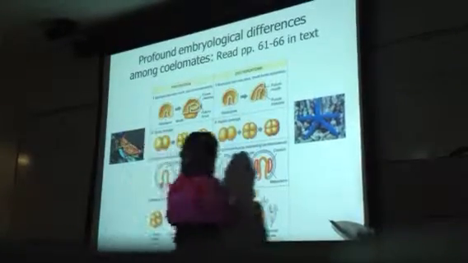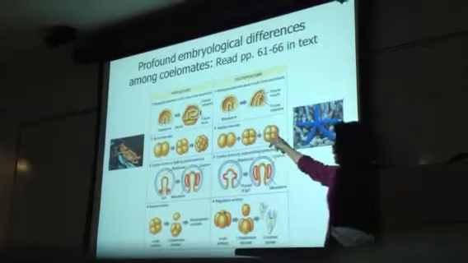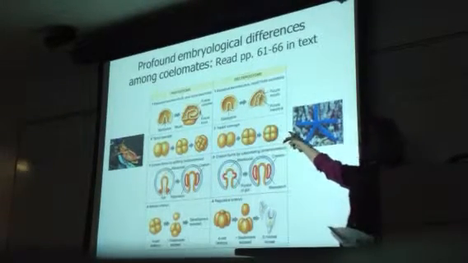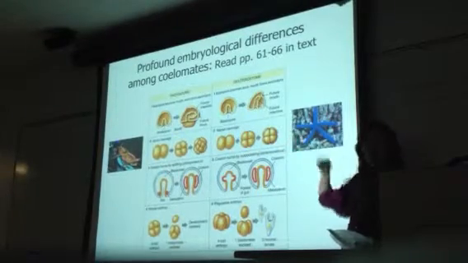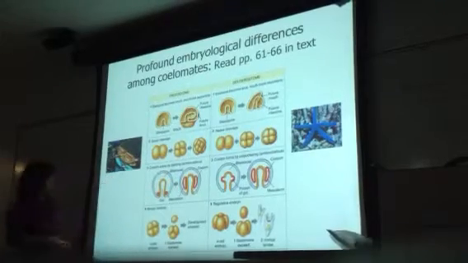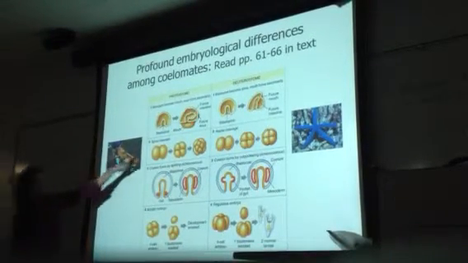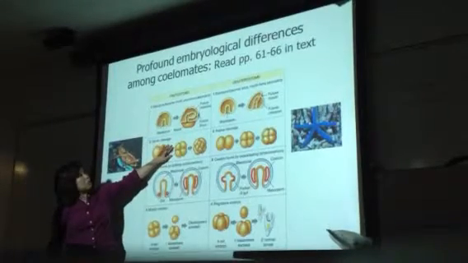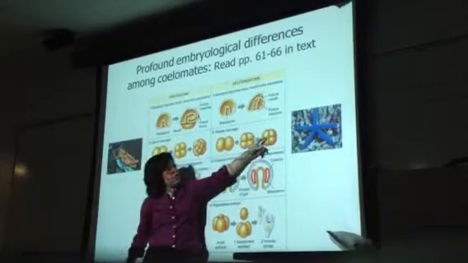So somewhere between when it's a 4-cell stage and an 8-cell stage, something differs, doesn't it? In terms of how they divide and how these cells cleave. So that you can pretty much easily tell that spiral cleavage, this pattern by protostomes, has a different outcome than radial cleavage, as you can see here.